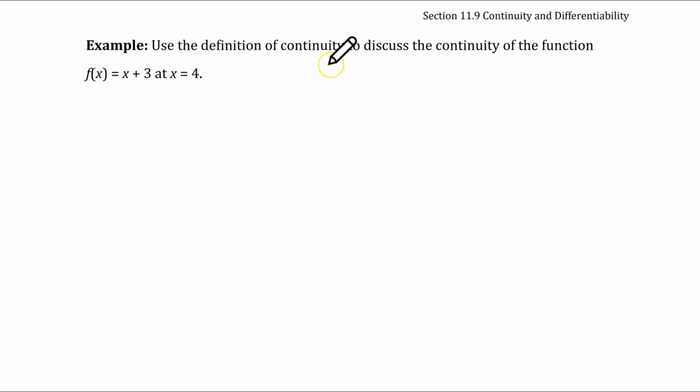Another example. Use the definition of continuity to discuss the continuity of the function f of x equal to x plus 3 at x equals 4. To do this, we would need to satisfy all three conditions. So first, let us examine the limit of the function as x approaches 4.